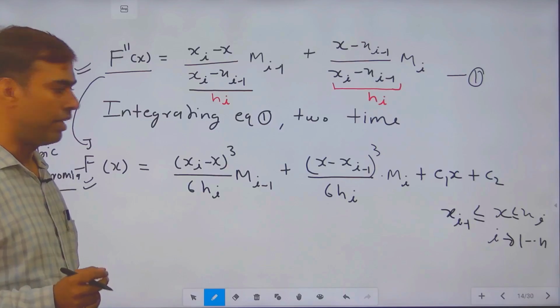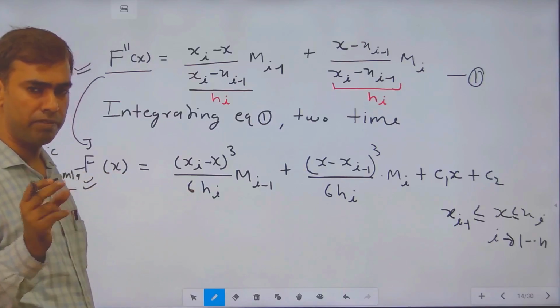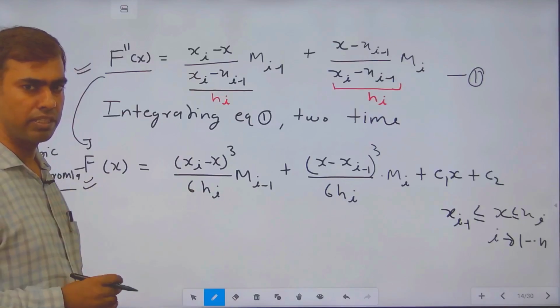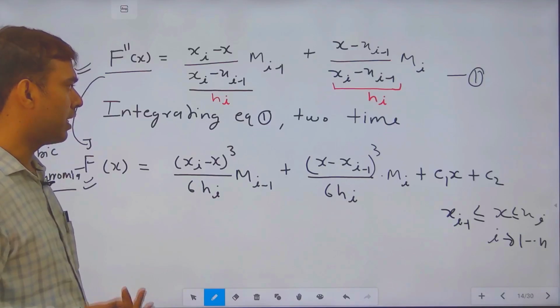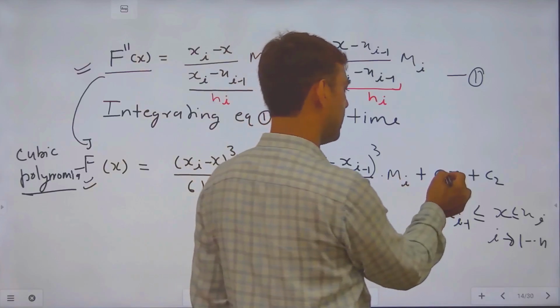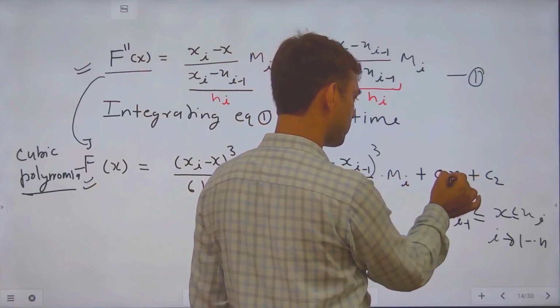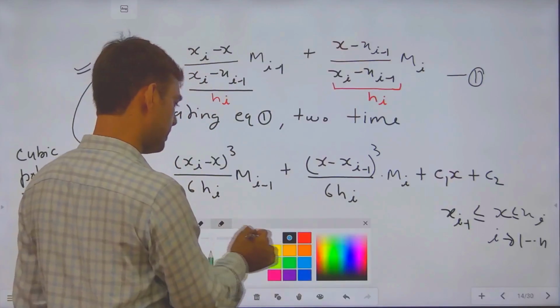Similarly, if we put i equal to 3, then we find the cubic polynomial for the third class interval, similarly for the nth class interval. But what is the unknown here? The unknowns are M_{i-1}, M_i, and c1 and c2.